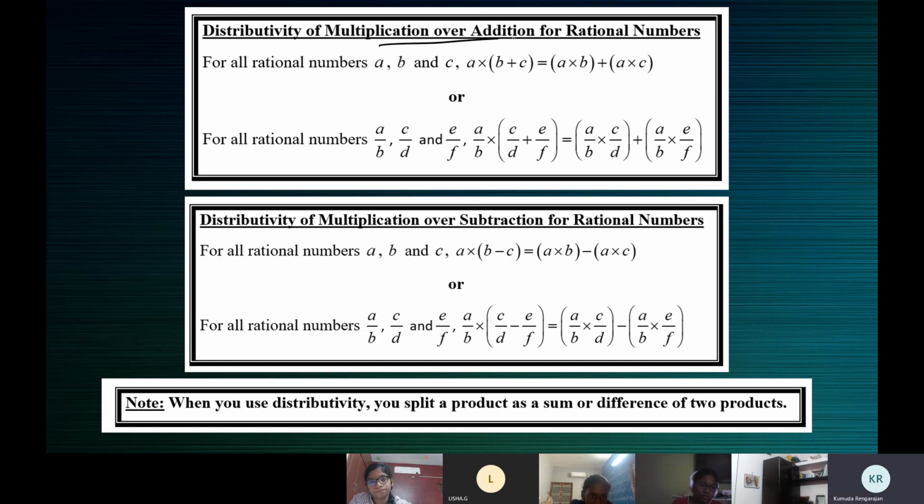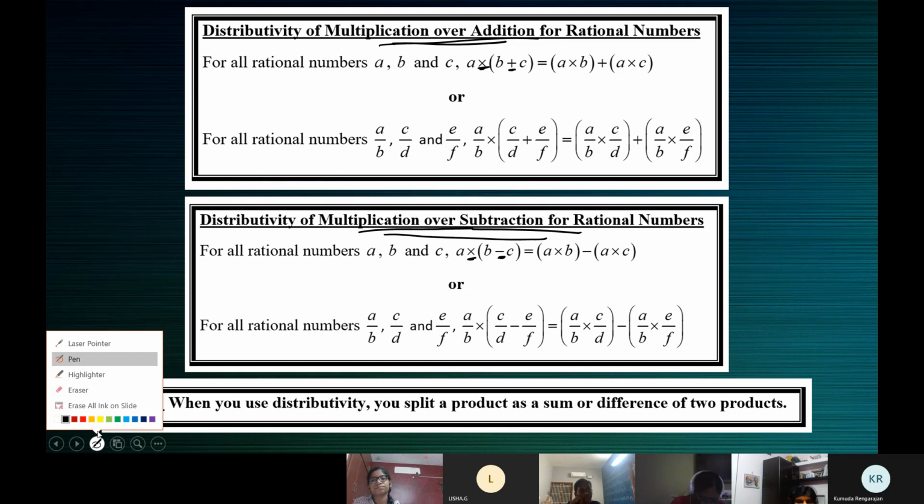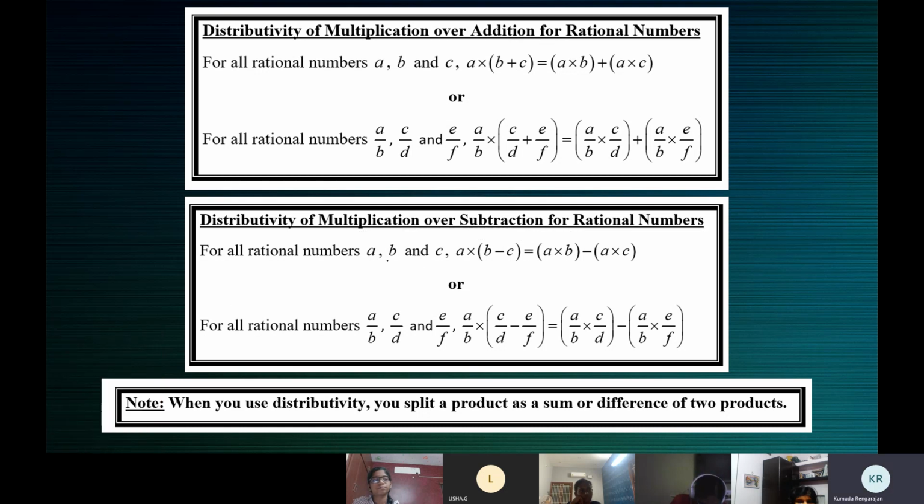That's why multiplication over addition, multiplication over subtraction. So when you have three rational numbers A, B, and C, A into B minus C is equal to A into B minus A into C.